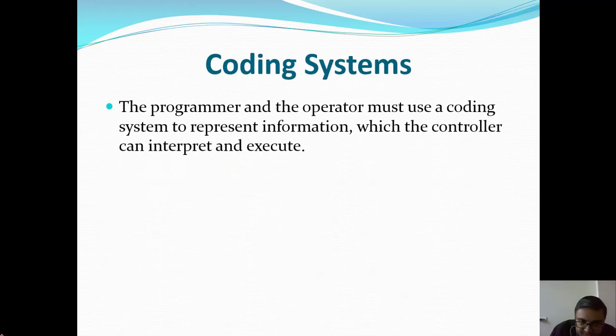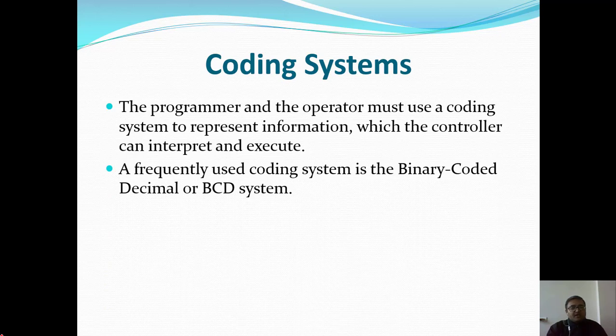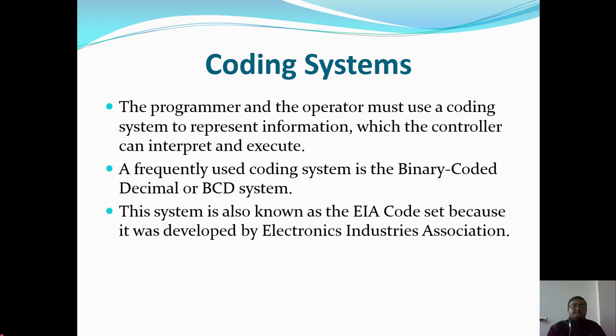Coding system. The programmer and the operator must use a coding system to represent information which the controller can interpret and execute. A frequently used coding system is the binary coded decimal, or BCD, system.